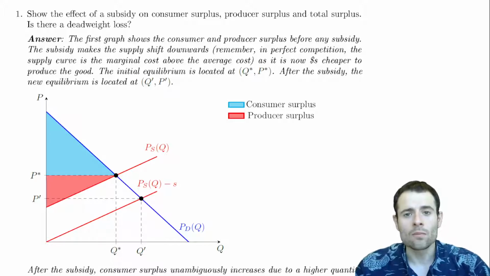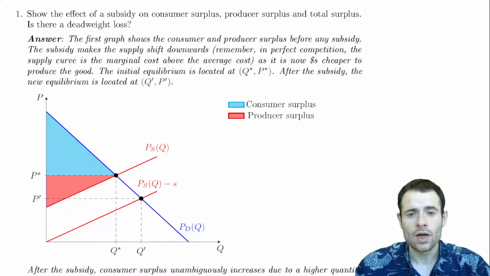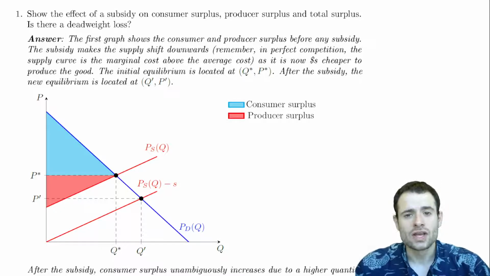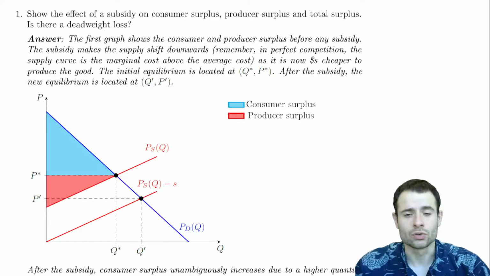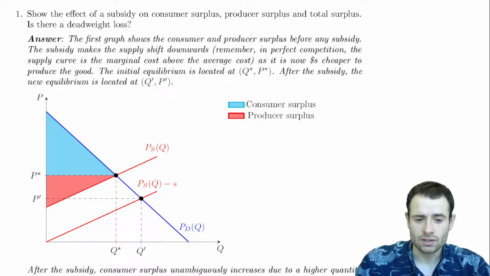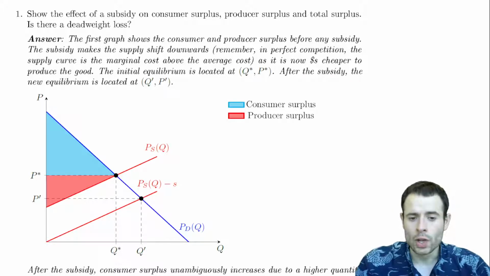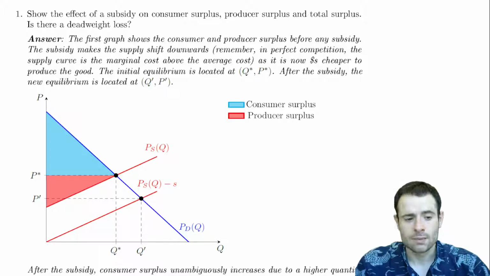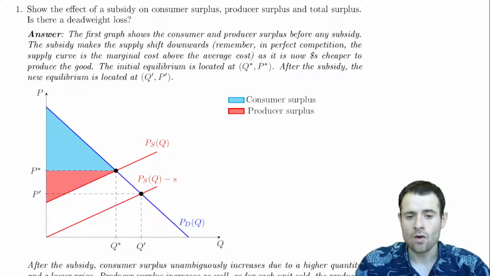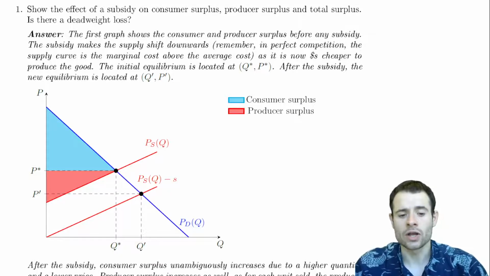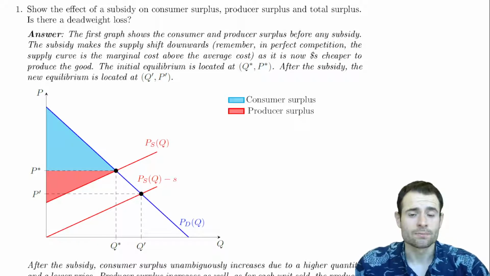So the firms won't be willing to sell the good for, let's say, $10, but rather maybe $7 if they receive a subsidy of $3 per unit of the good produced. After the shift, the new equilibrium will be located at P prime, Q prime. And now we're going to see the effects on the different surpluses.